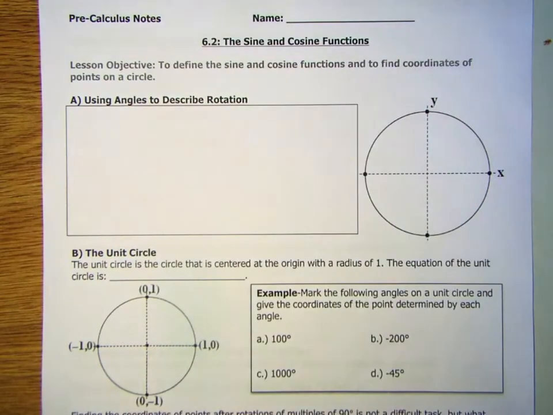So with that being said, we are going to start off by talking about how angles are described in trig. So in geometry, you look at an angle as two rays that are just connected, okay? In trig, we describe angles differently, okay?